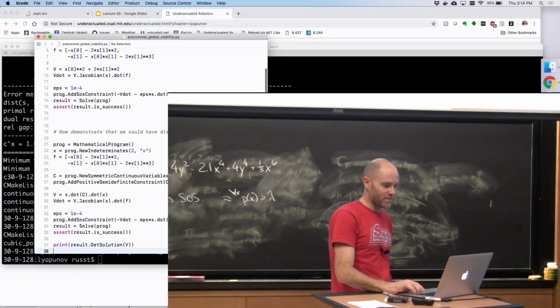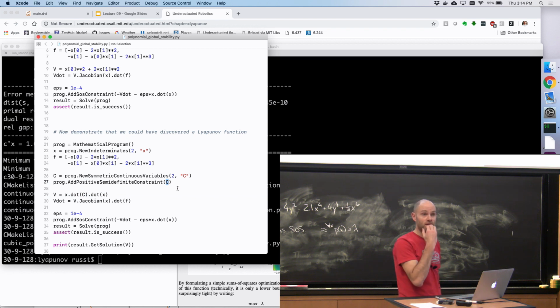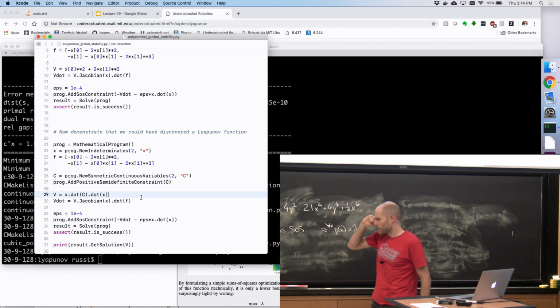We could have discovered the Lyapunov function automatically by just having c be some extra variables and writing down v in terms of c. There's a bunch of ways I could have written that, but I did it in a quadratic form so that I could just say that I'd like v to be positive by saying c is positive definite. And then v dot. That's awesome. So we can find polynomial Lyapunov functions for us.